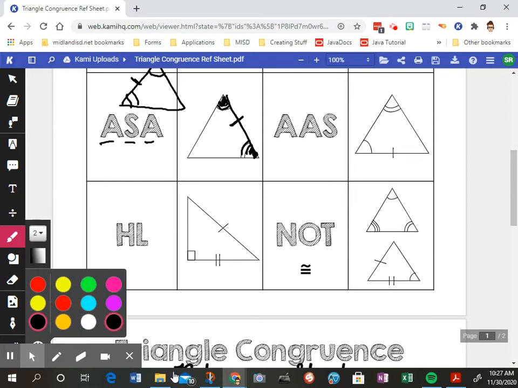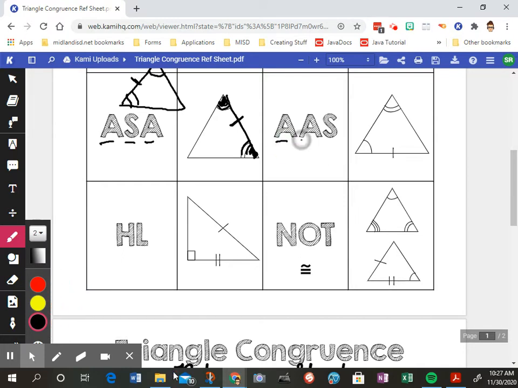The next one, angle, angle, side. This one is the one where you have to draw a line across from an angle. So like this one has a side opposite an angle. Here we have two angles, angle, angle, and a side. And it's actually going this way. Angle 1, angle 2, and a side.